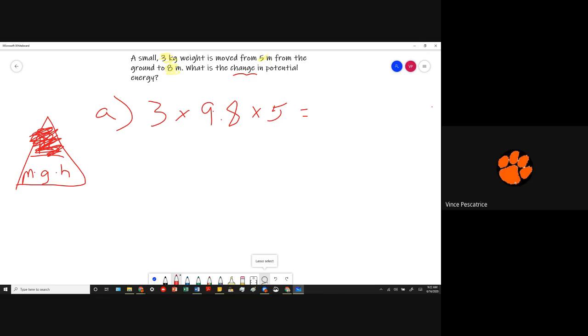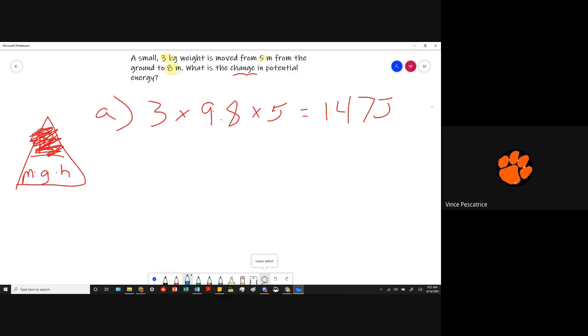If you go ahead and do that on a calculator, 3 times 9.8 times 5, that gives me 147. And that's joules of potential energy. All right, so that's A.